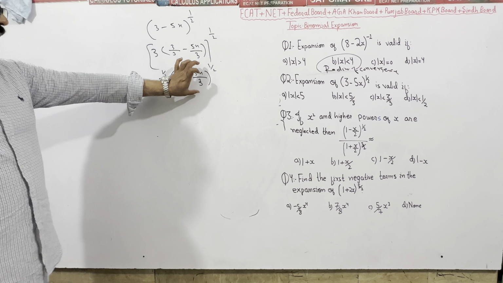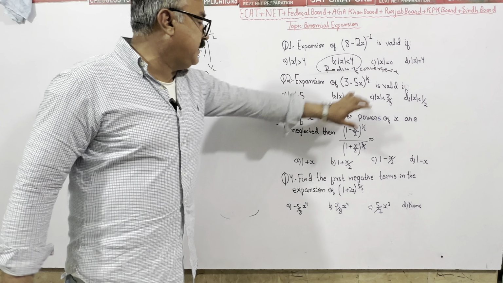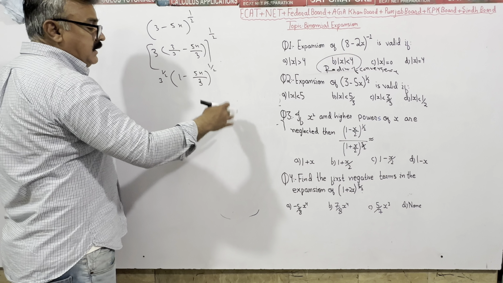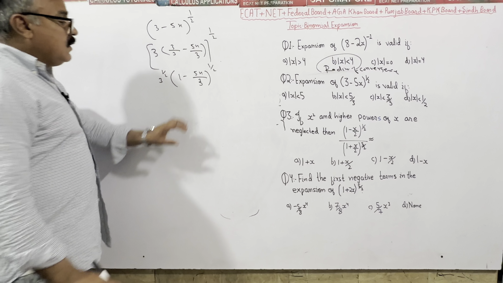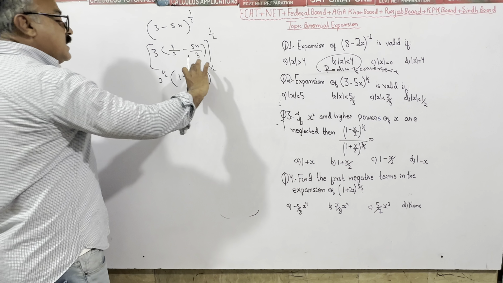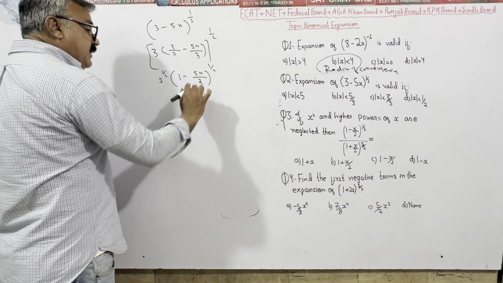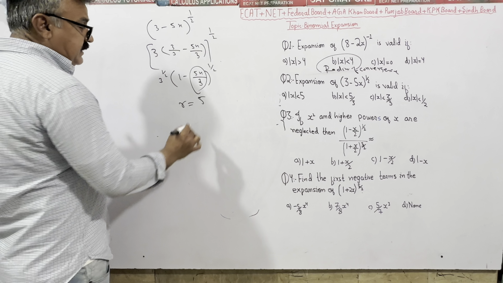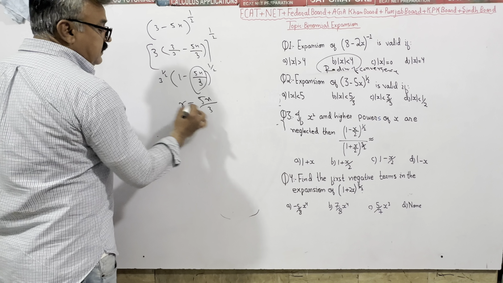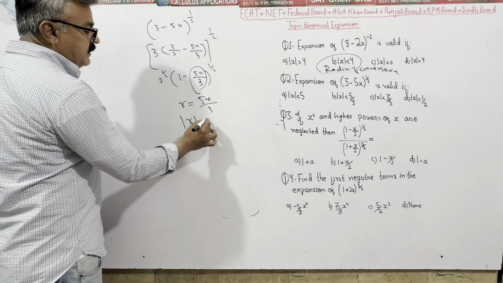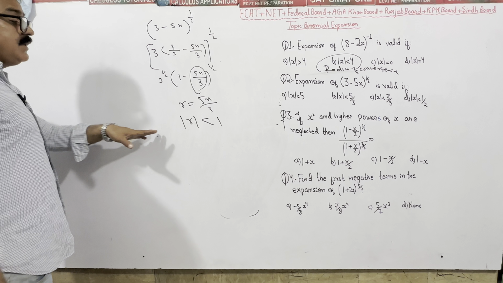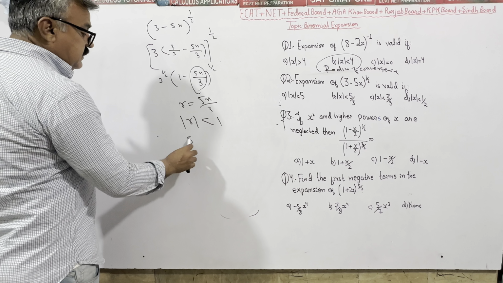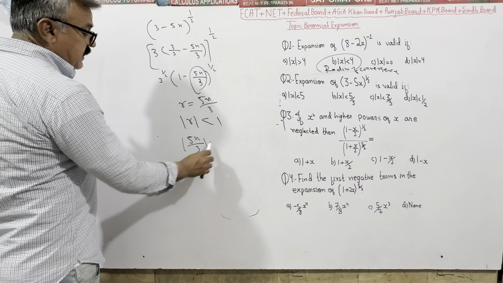Now that is our r. In the same way, if we expand this, we will get the powers of 5x over 3: 1, then 5x over 3 squared, and so on. So it is our common ratio, 5x over 3. It must be less than 1 when the sum of a geometric series or binomial expansion is valid. r is 5x over 3, it must be less than 1.